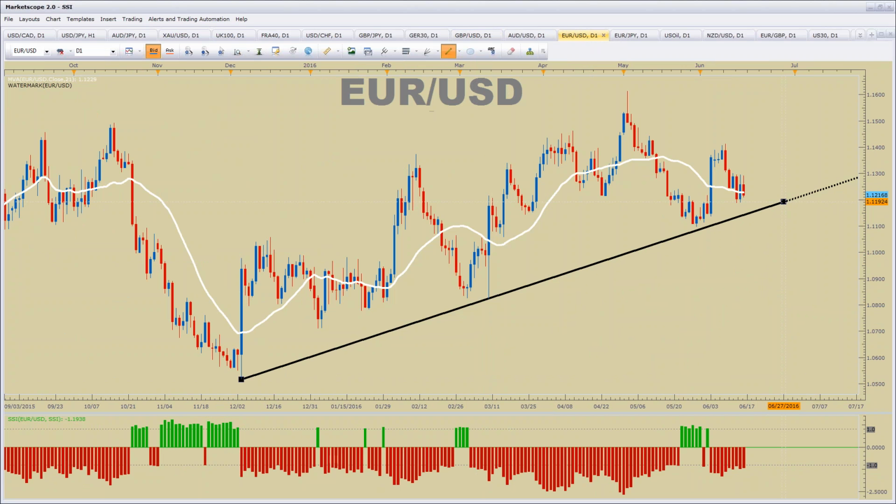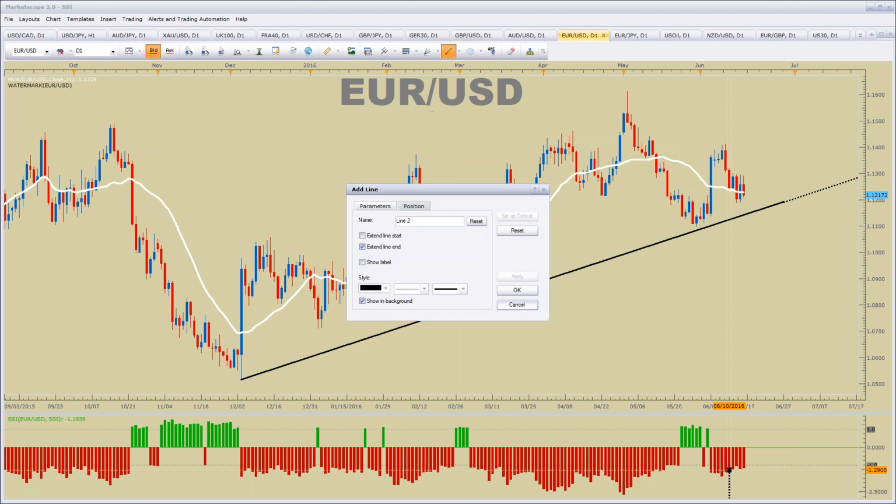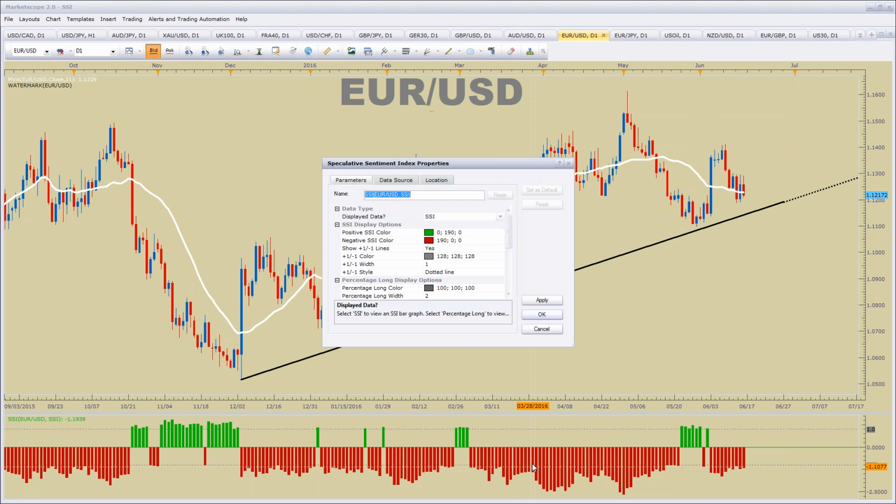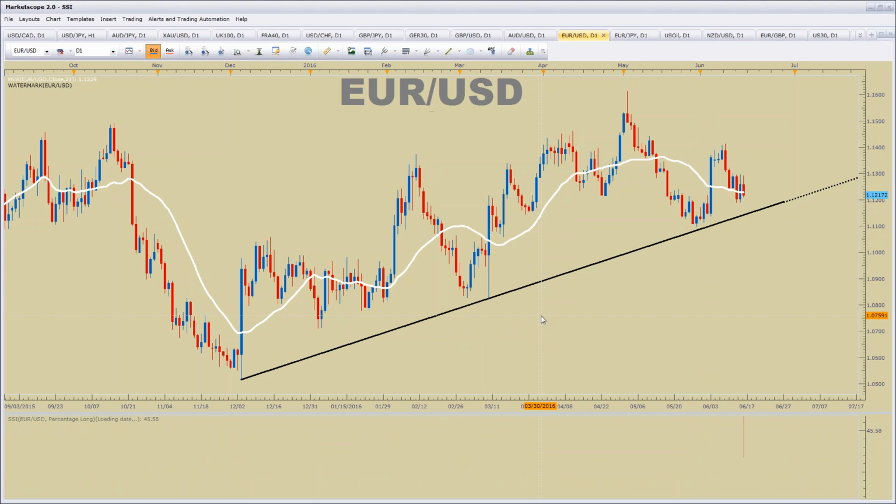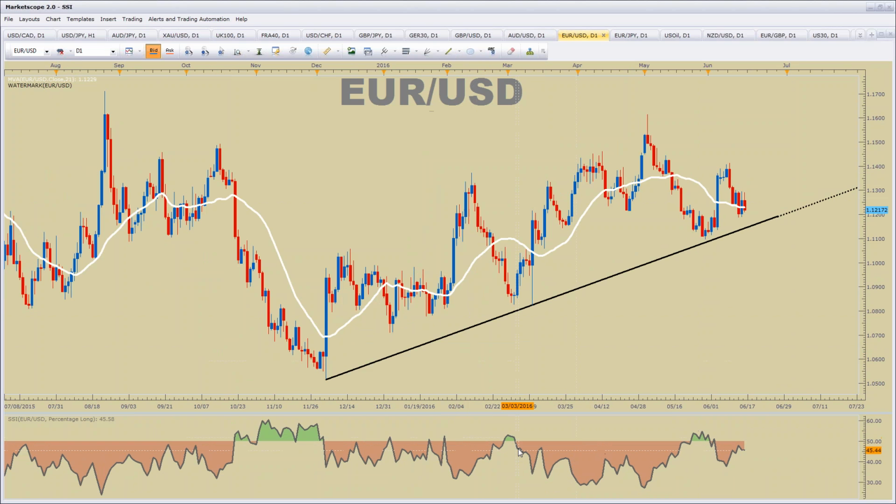But I believe if we get a breakdown in the dollar, pushing euro dollar higher, and we get the retail crowd continuing to favor downside, which it's not that aggressive now, this is a scenario where I like this percent long, because it shows it a little bit cleaner. To me, it visualizes it better when you don't have a very strong bias.